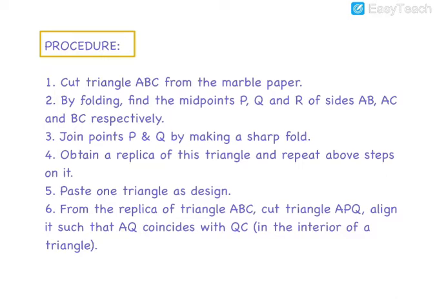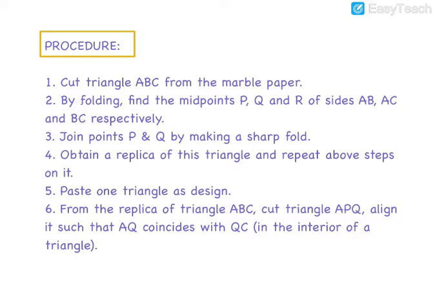The second step is to obtain midpoints P, Q and R of sides AB, AC and BC respectively by pinch folding. For example, to obtain the midpoint of BC, you have to coincide these two vertices B and C, and then slightly pinch on the fold that you obtain.